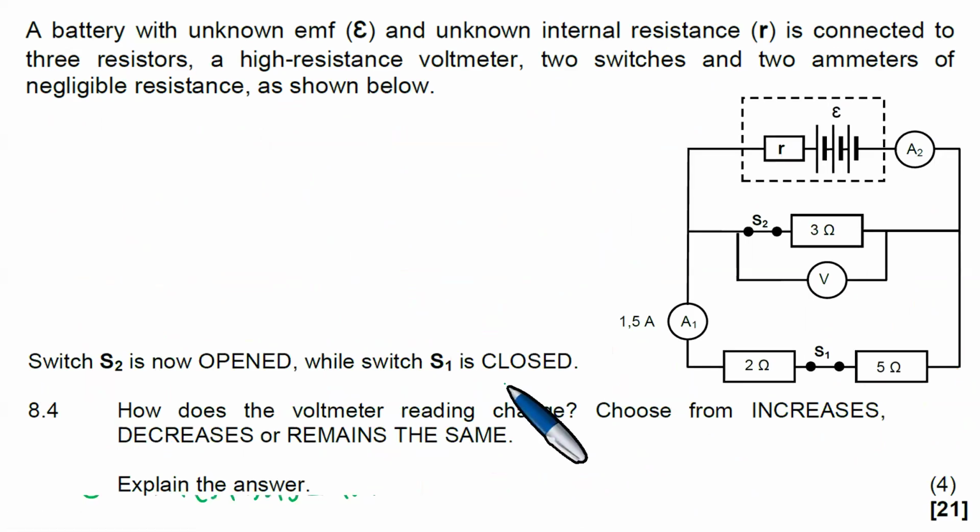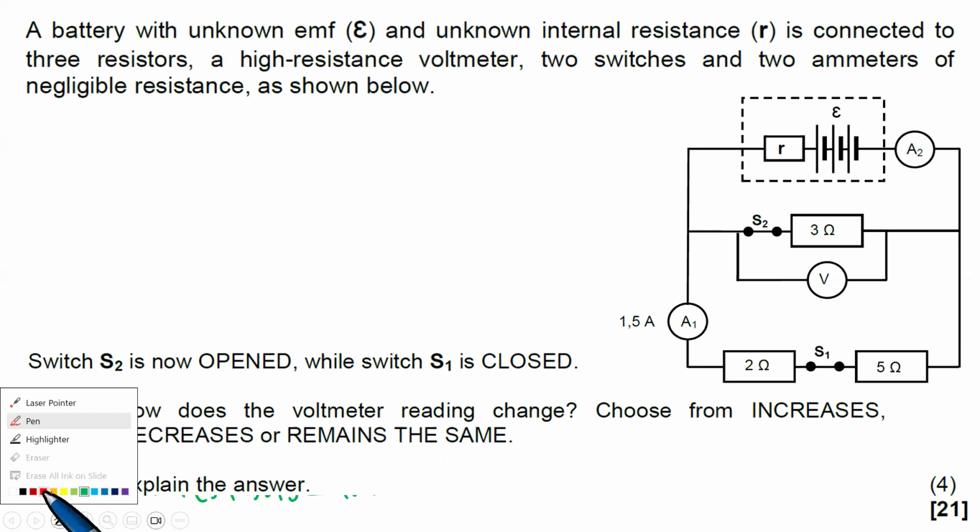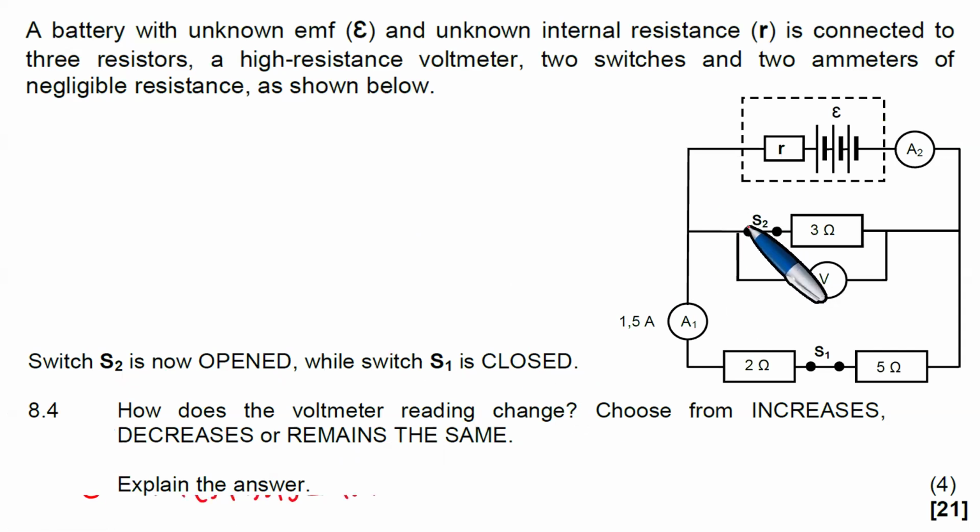Okay, we are back and still looking at this particular question. Switch S2 is now opened while S1 is closed. So now we open this one. So S2 is now opened while S1 is closed.